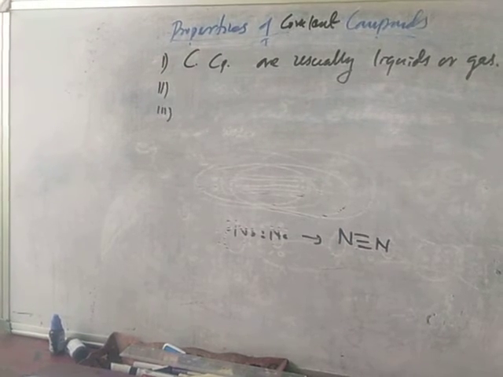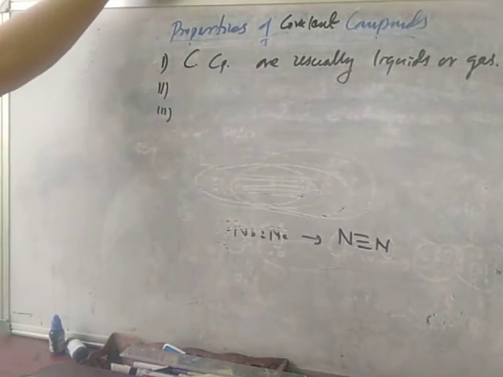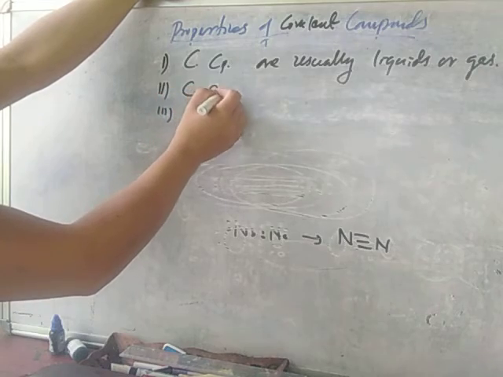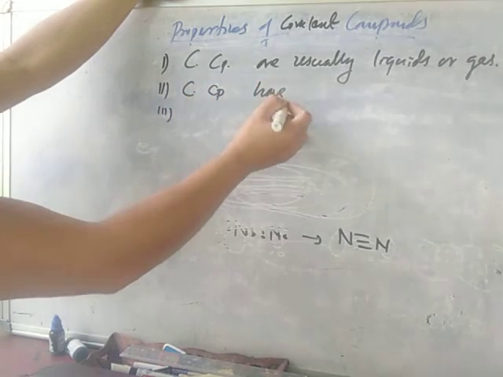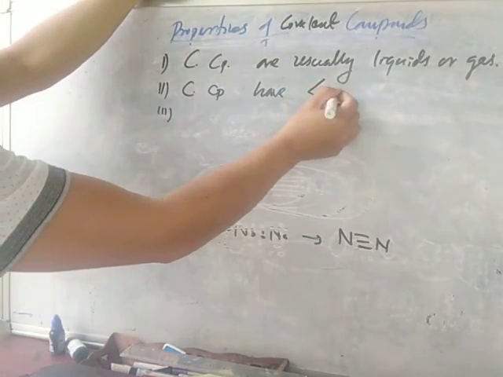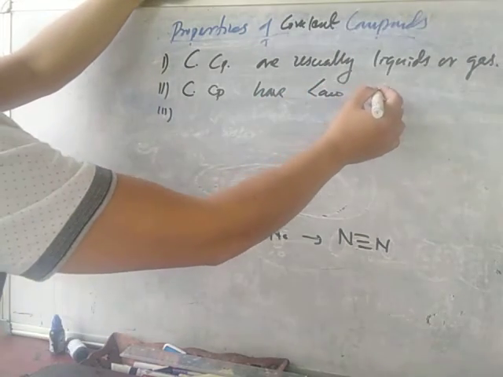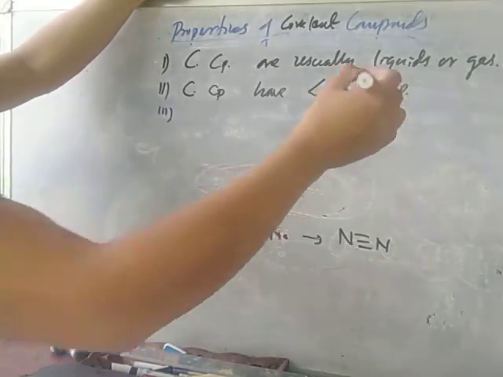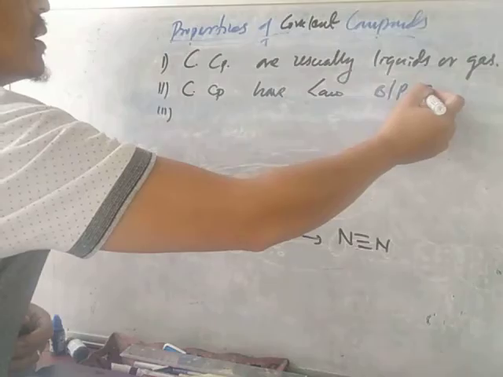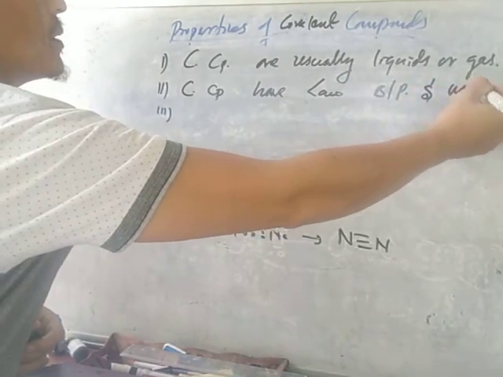Okay, so second, covalent compounds usually have low boiling point and melting point.